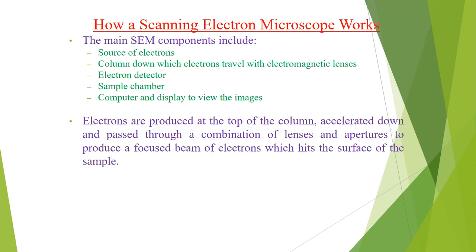Electrons are produced at the top of the column and accelerated down and pass through a combination of lenses and the aperture to produce a focused beam of electrons which hits the surface of the sample.